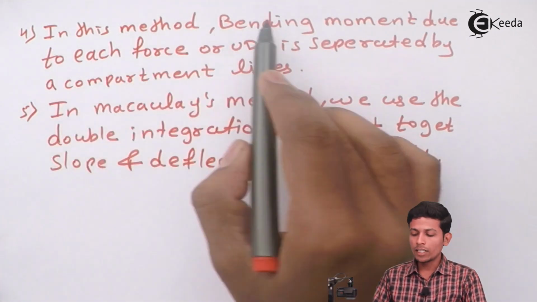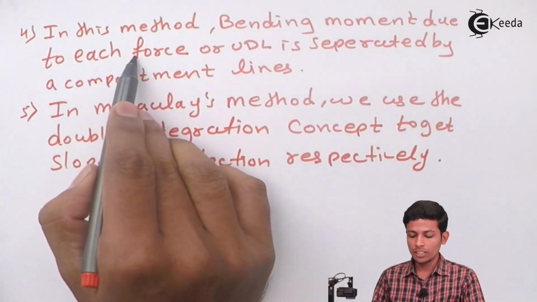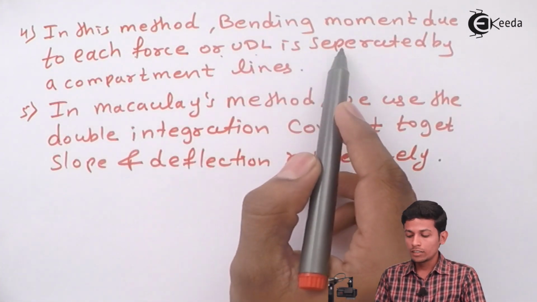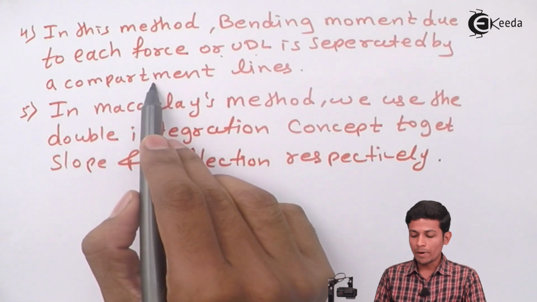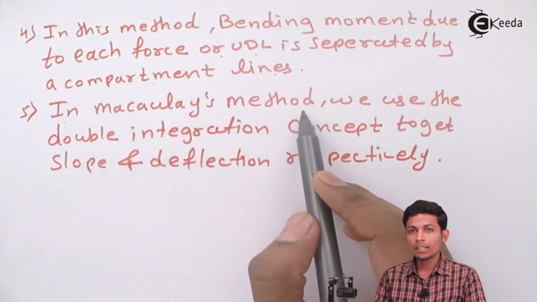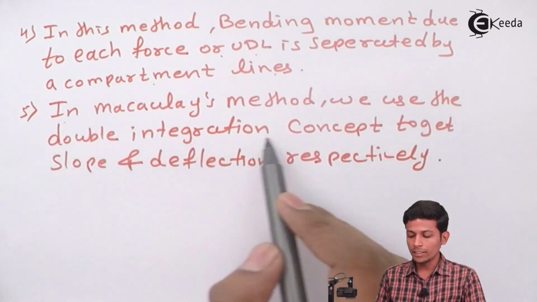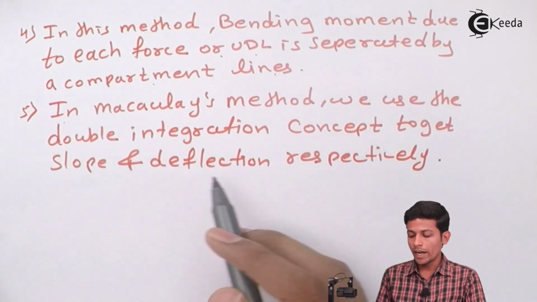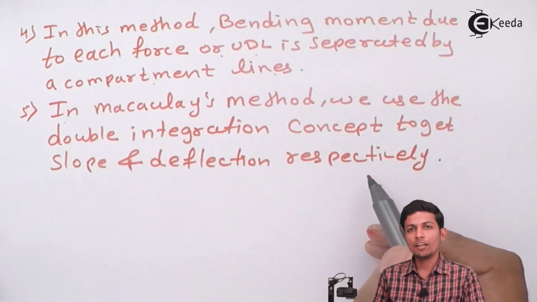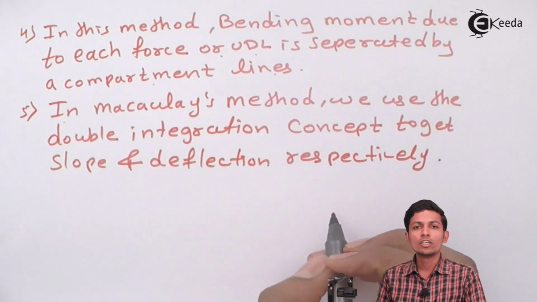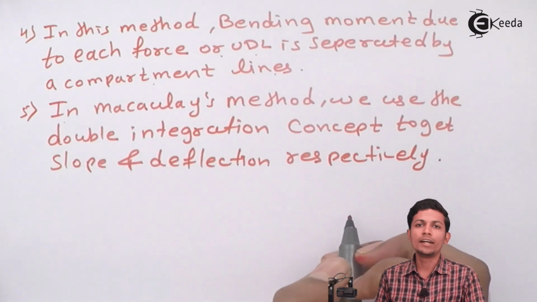In this method, the bending moment due to each force or UDL is separated by compartment lines. In Macaulay's method, we use the double integration concept to get the slope and deflection respectively. After that, let's start with question number 1 of Macaulay's double integration method.